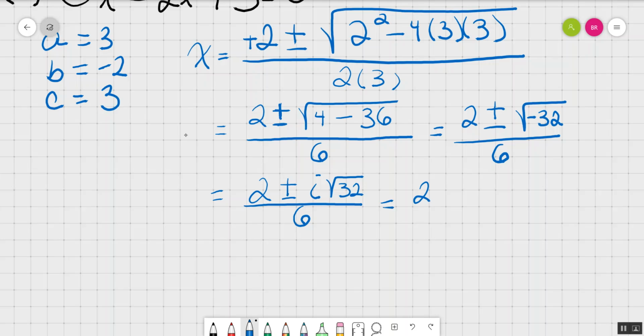So I'm going to do this as 2 plus or minus, let's see, I'm going to reduce my square roots. So this is going all the way back to chapter 7 when we reduced roots. 16 times 2 all over 6. I'm doing this for a reason. See, the square root of 16 will be 4, but 2 isn't going to get square rooted, so we'll get 4 square root of 2i.